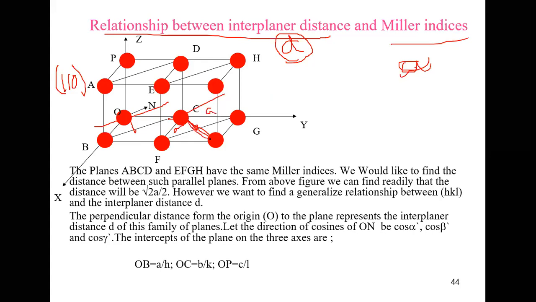And this plane is passing halfway. So the interplanar distance between these two planes will be just half of root 2 a, which is basically a by root 2.